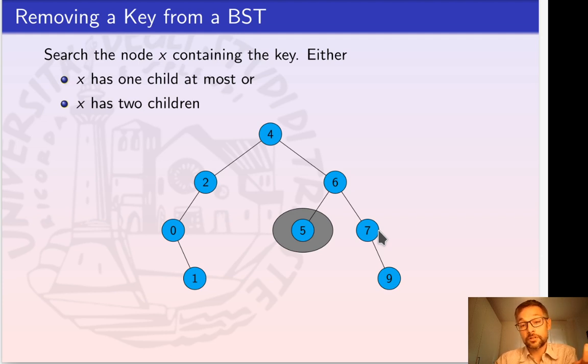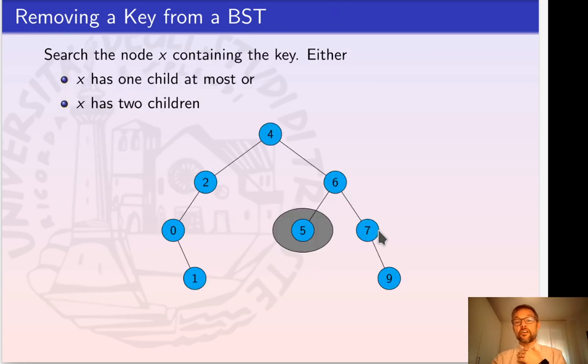And once we found the successor, we copy the key value of the successor onto the node we want to remove, and we remove the successor of the node we were dealing with at the beginning. Okay, and this is all.